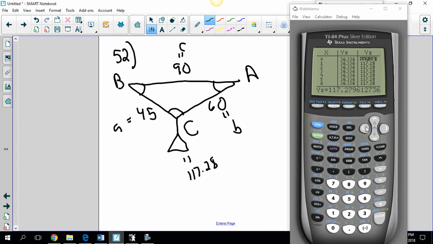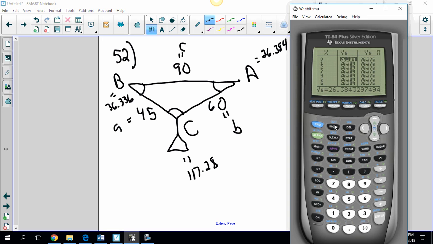So Y10 is C, 117.28. Y9 is B, 36.336. Y8 is A, 26.384.